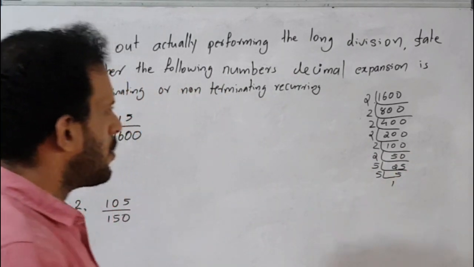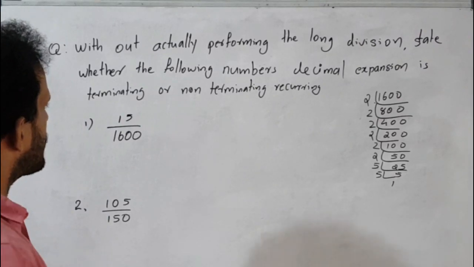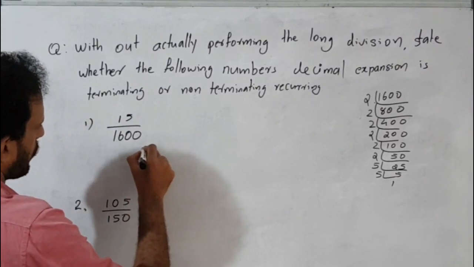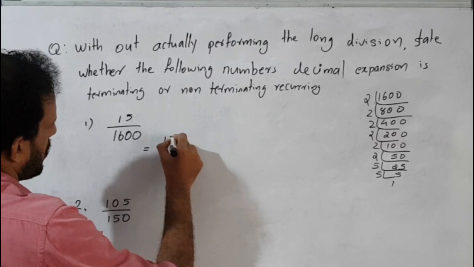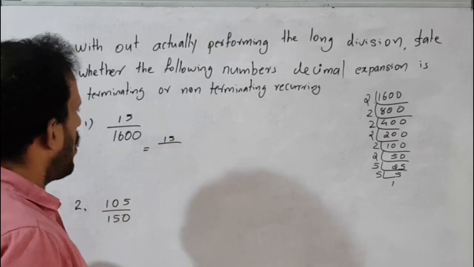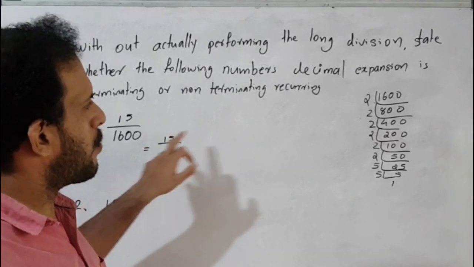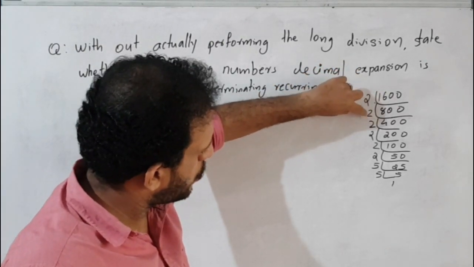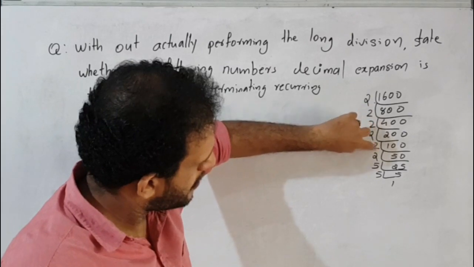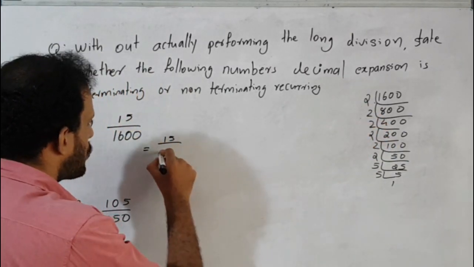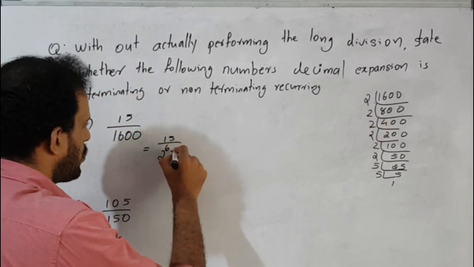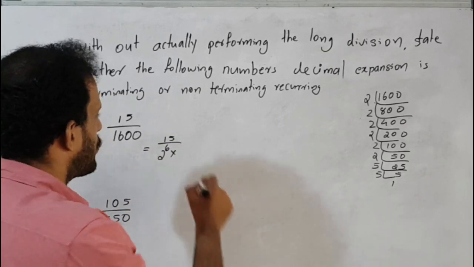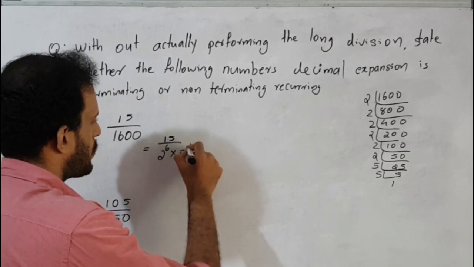Correct. So it is possible to write 1600 is equal to 2, how many 2s? 1, 2, 3, 4, 5, 6. Then 2 raised to 6 into 5 raised to 2. Correct? 5 raised to 2.